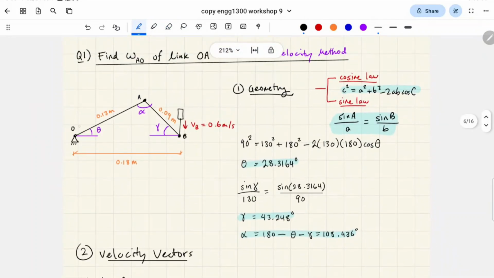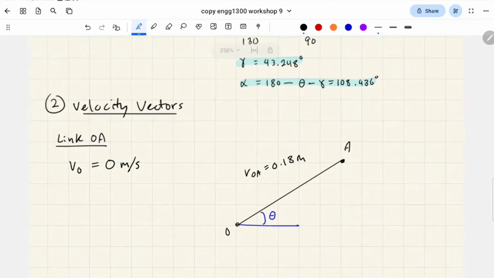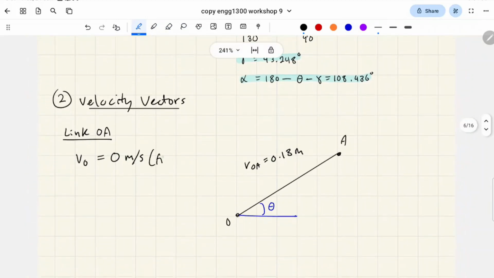And so here we have a fixed end, right, at O. So we know that the velocity of O is 0 meters per second. It's fixed. And we can write out our relative velocity.